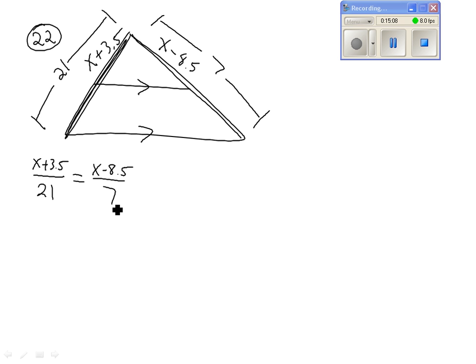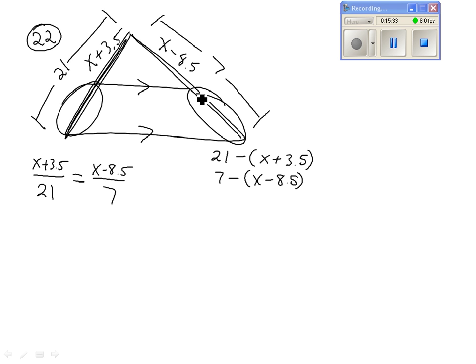Then you have to take this 21 and subtract off the x plus 3.5, so 21 minus x plus 3.5, and that gives you this distance here, and take the 7 and subtract off x minus 8.5, and that gives you this distance here, and then you could set up that proportion.